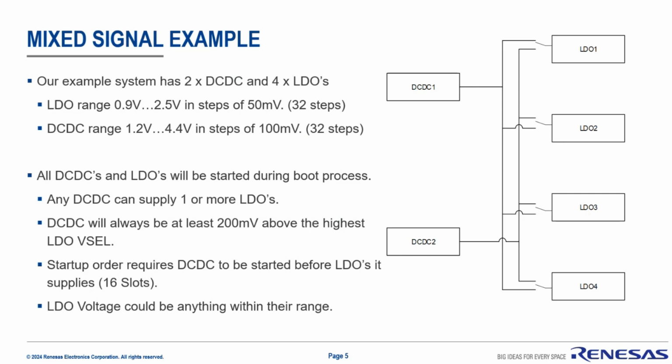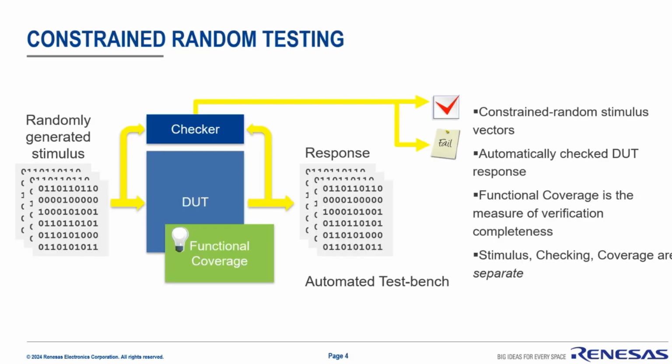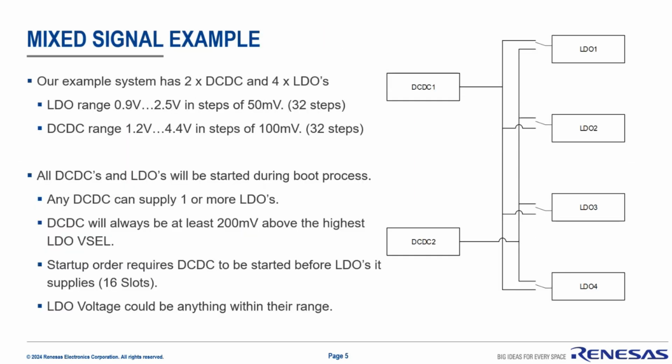So here's a really simple example. This is a sort of mixed signal world. We've got two DC to DC buck converters here, which are providing power to 4 LDO regulators. In this simple system, we've got some controllable LDO range, so 32 steps from 0.9 volts to 2.5 volts, whatever it might be.